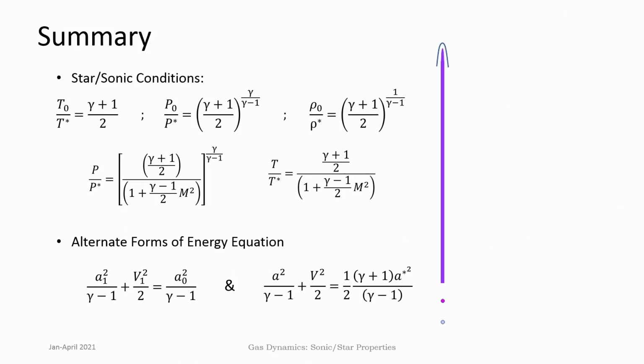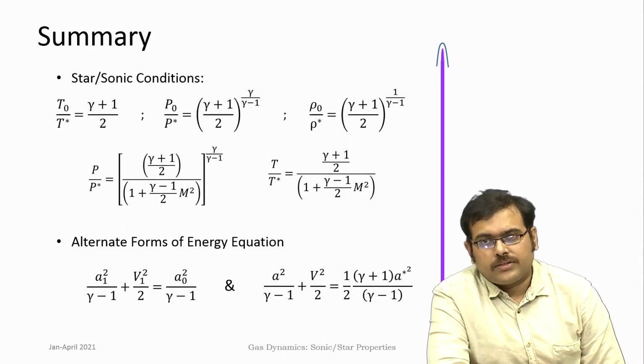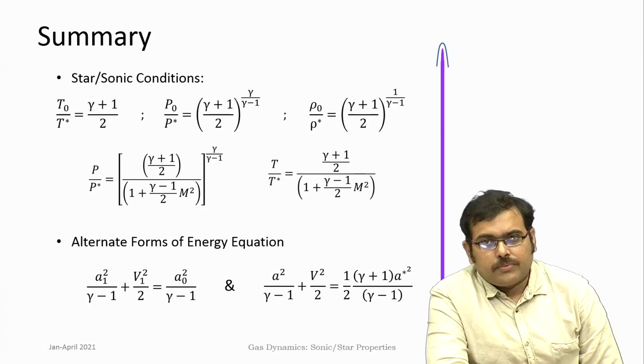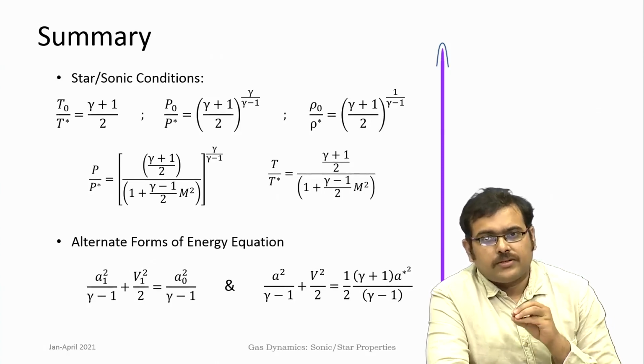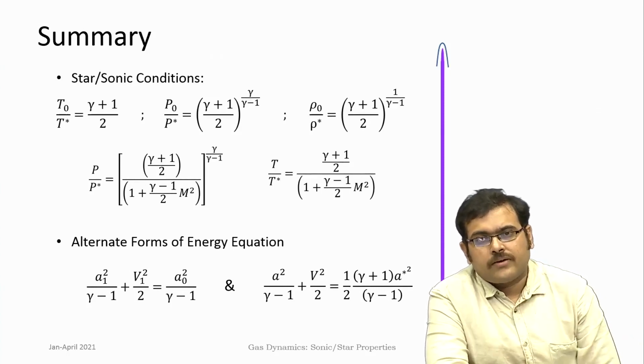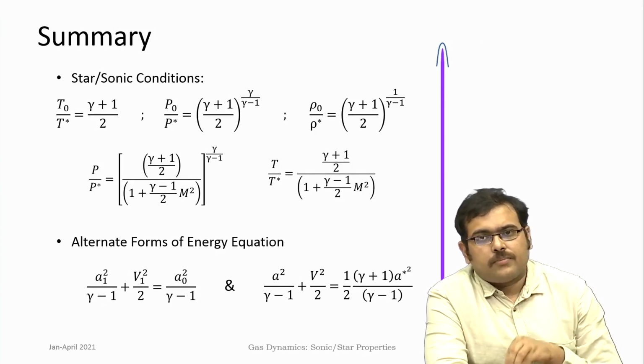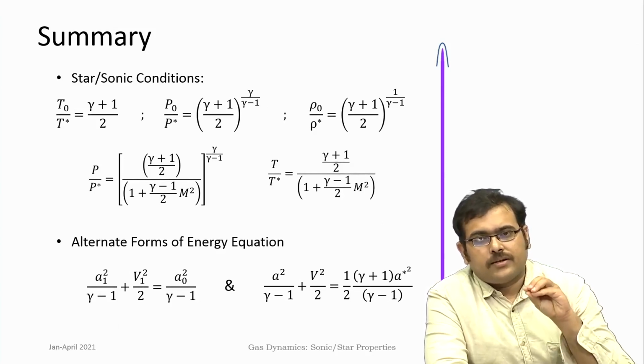To look at the entire thing, we have looked at stagnation processes, which are isentropic processes, a hypothetical process. At every point you can define a stagnation point where the velocity goes to rest, and the pressure and temperature at that point are the stagnation pressure and temperature.